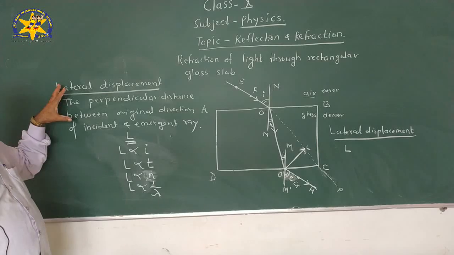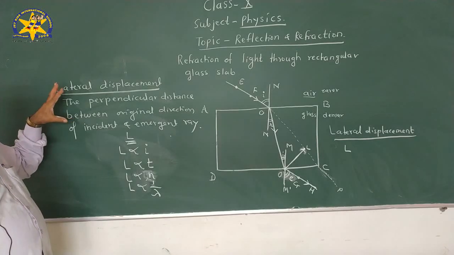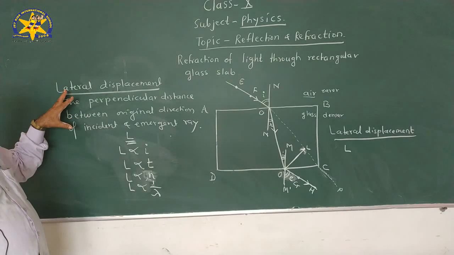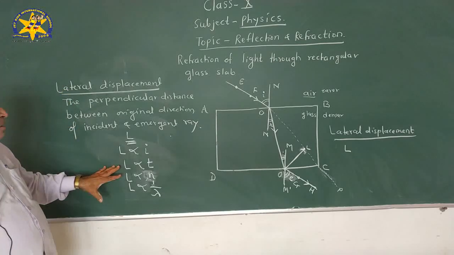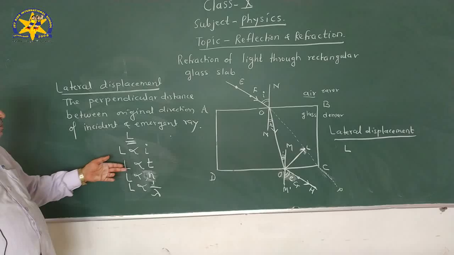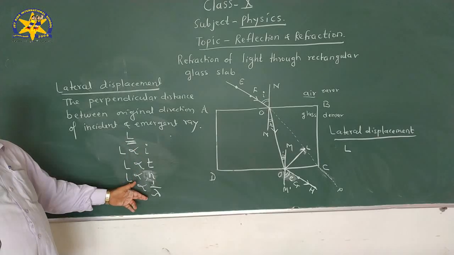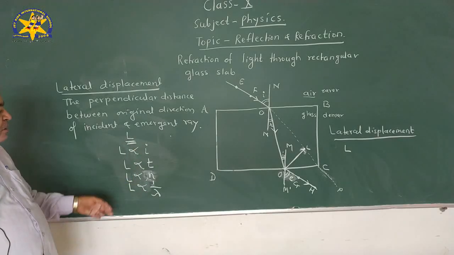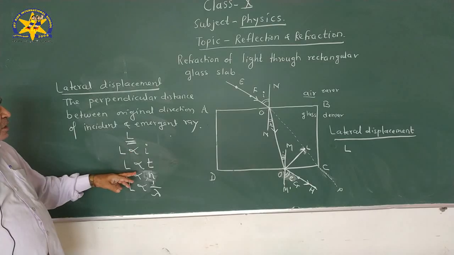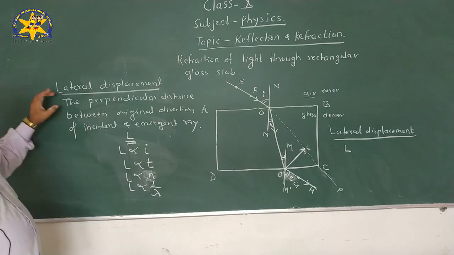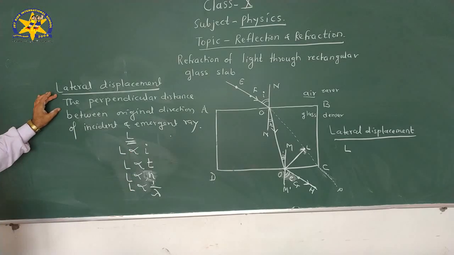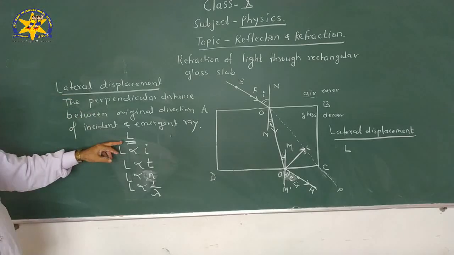What is lateral displacement? On what factors does the lateral displacement depend and how does it depend? On what factors it depends means these are the factors, and how it depends means you should show the proportionality between them. The perpendicular distance between the original direction of the incident ray and the emergent ray is called the lateral displacement.